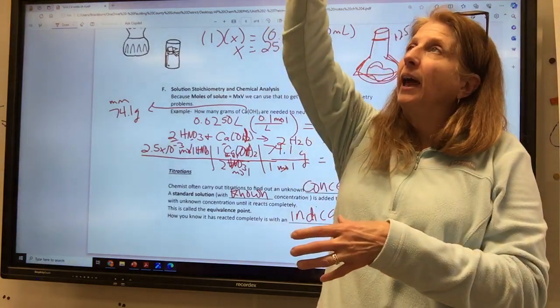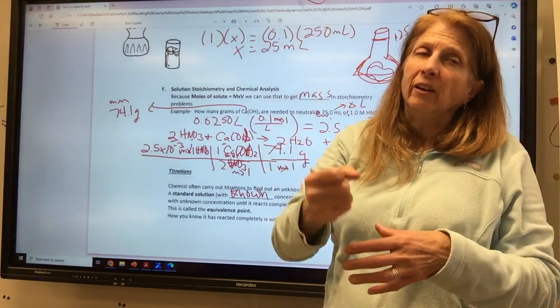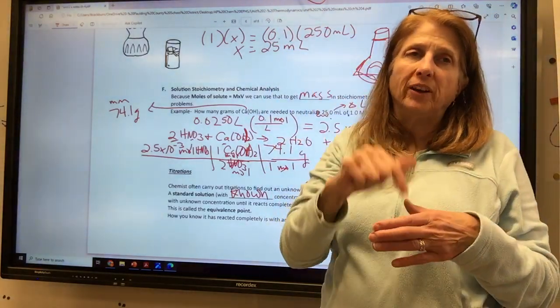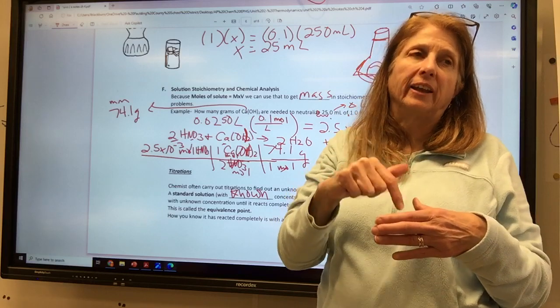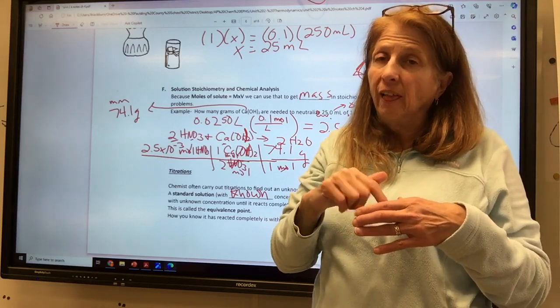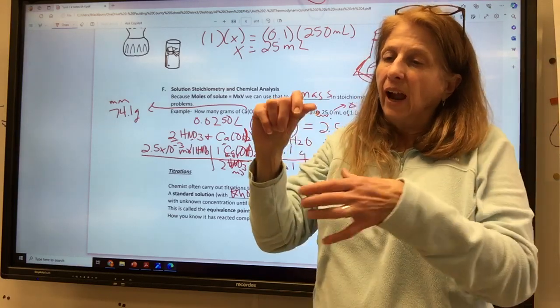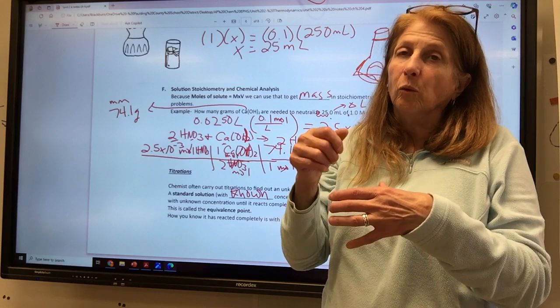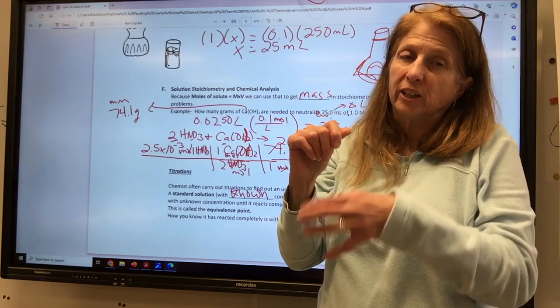You put a base with a known concentration in the burette, and you put phenolphthalein, an indicator, in the acid. The acid stays clear, it has no color, until you let it out until it starts turning pink. And then you do it 1 drop at a time, swishing after each one.